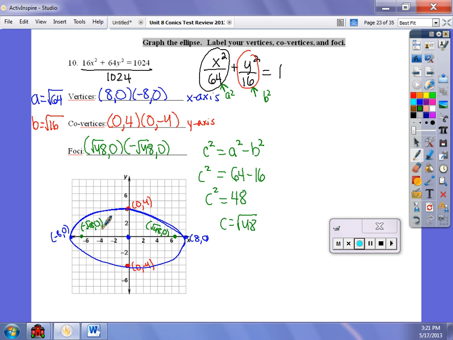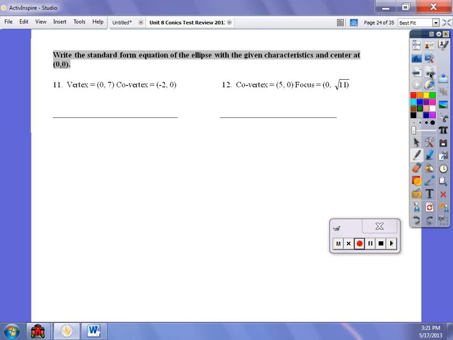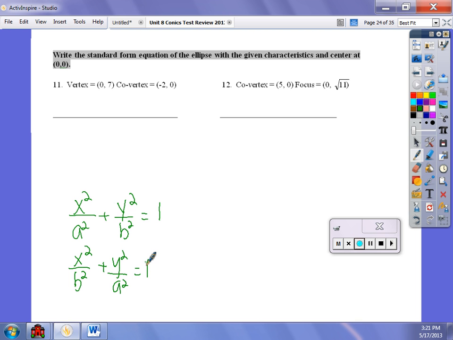Okay, now we're going to go into writing the equation of an ellipse. The equation of an ellipse stems from your standard form. Remember, A represents your vertex.